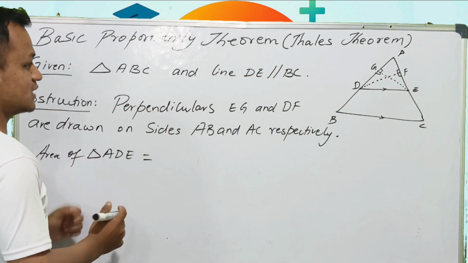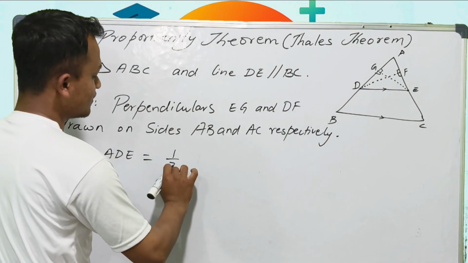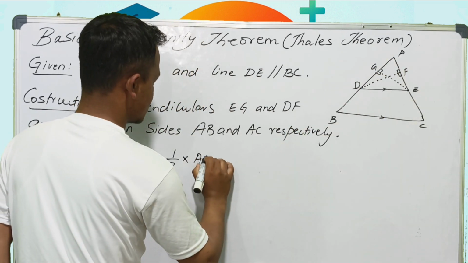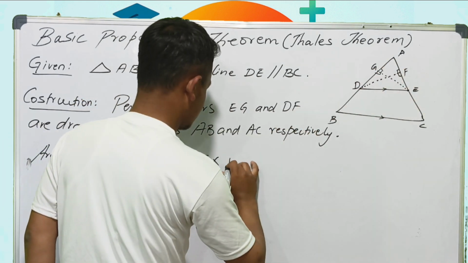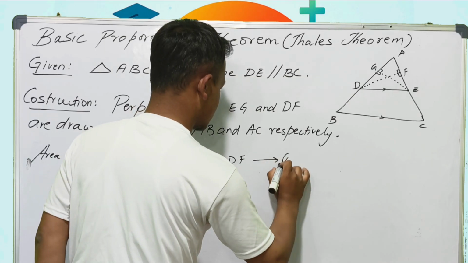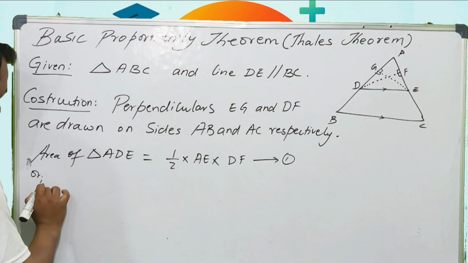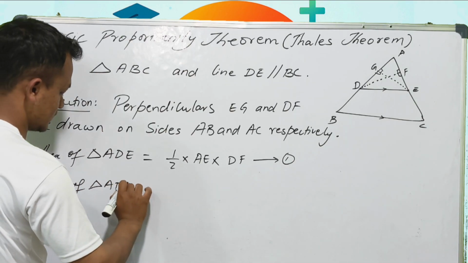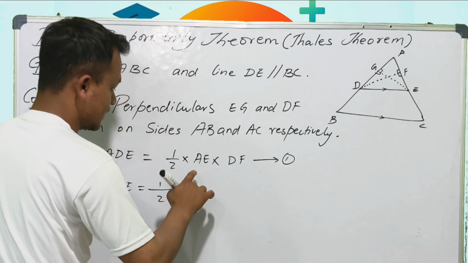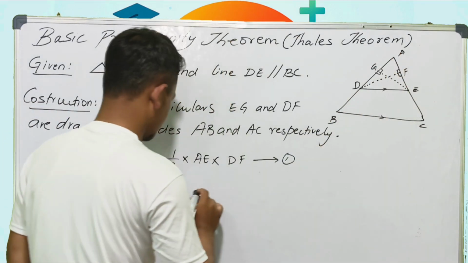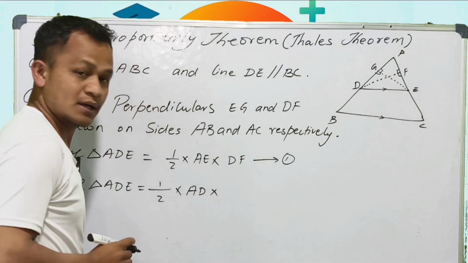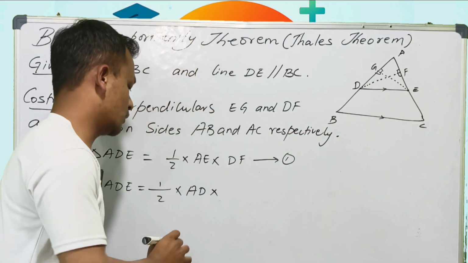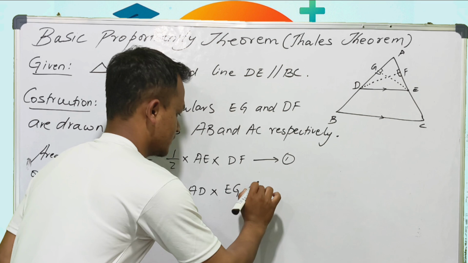So area of triangle ADE is equal to half base. Let us consider the base AE. If we consider the base as AE, the height will be DF. Let's note this as equation 1. Or we can write area of triangle ADE is equal to half into base AD into height, and if AD is the base, then EG will obviously be the perpendicular.